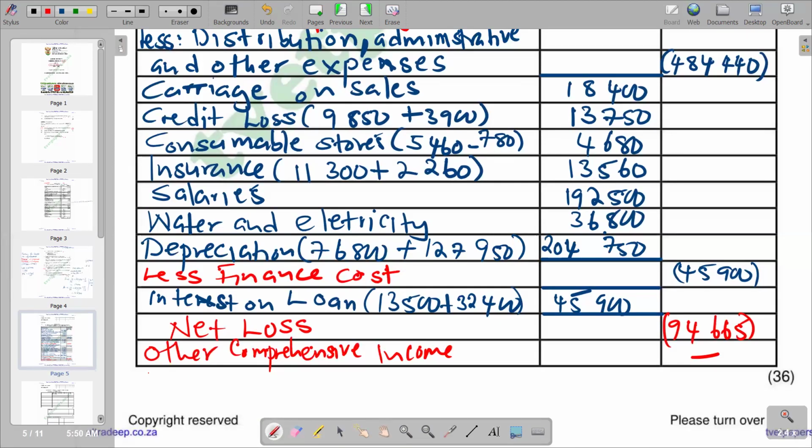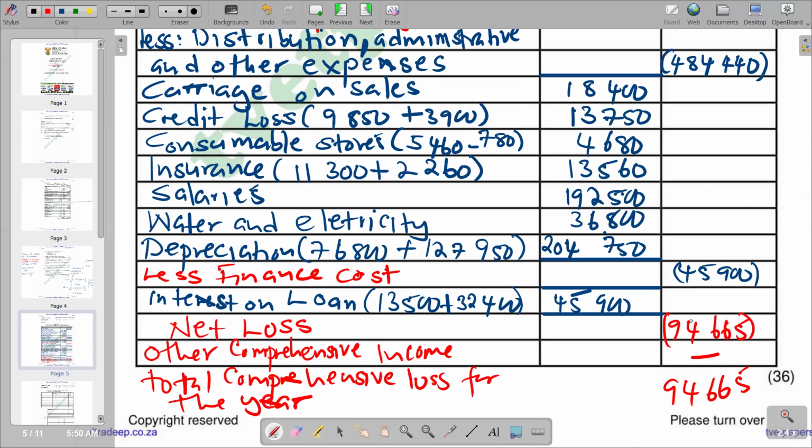In this case, since it's a negative, it's a total comprehensive loss for the year, which is the same figure: negative 94,665 plus 0 goes back to negative 94,665. So this becomes our final answer.